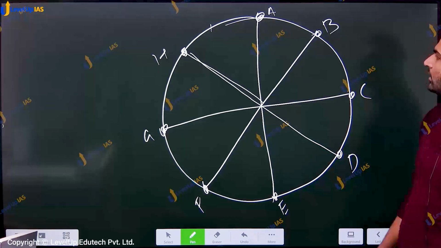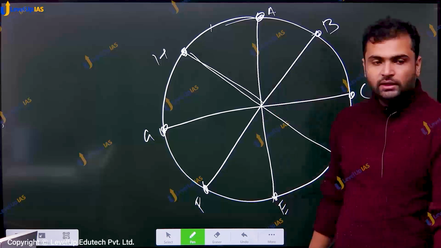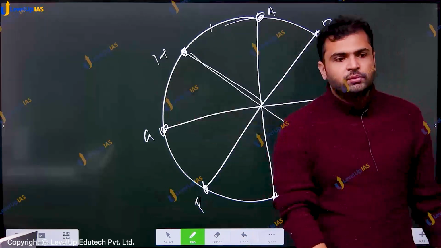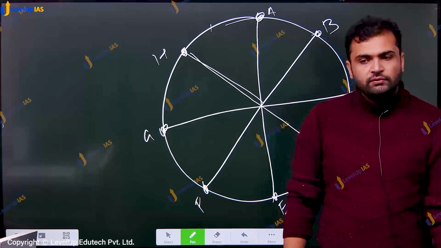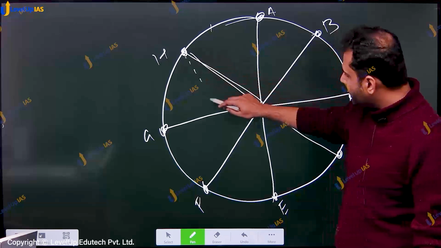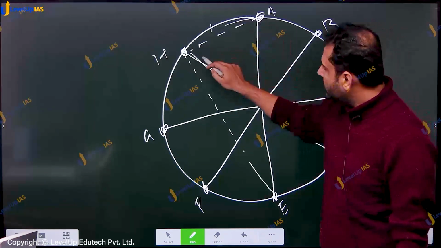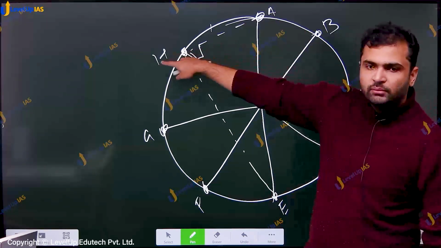But we know the property of circle is that whenever we have a diameter, it always subtends 90-degree angle at circumference. So if you form this triangle, let us say AHE, this is 90 degree because it is diameter and we are having a point on circumference.